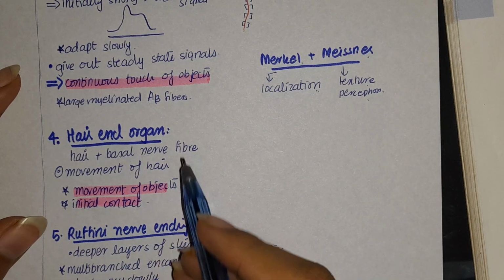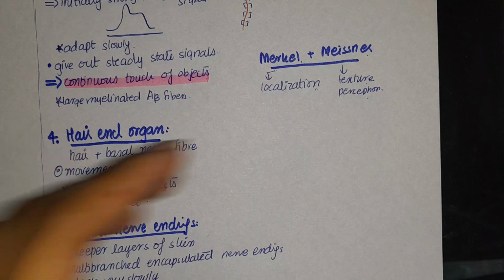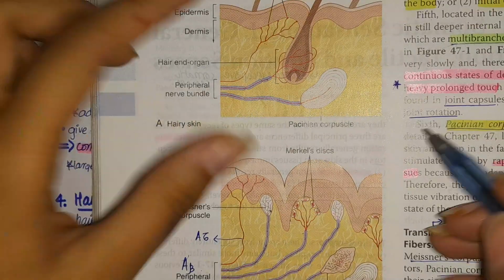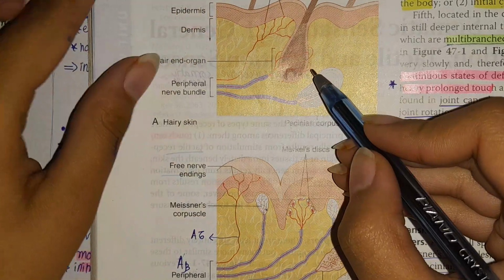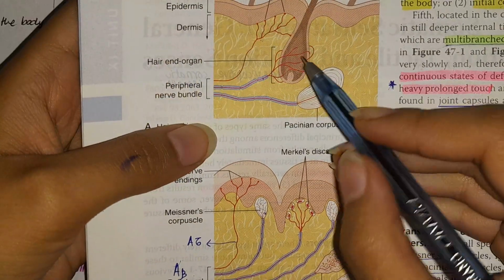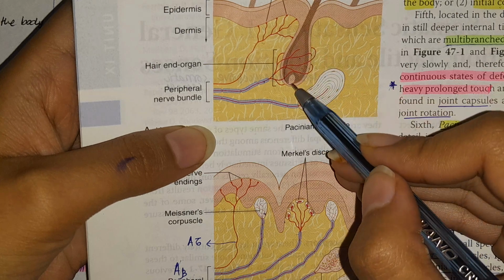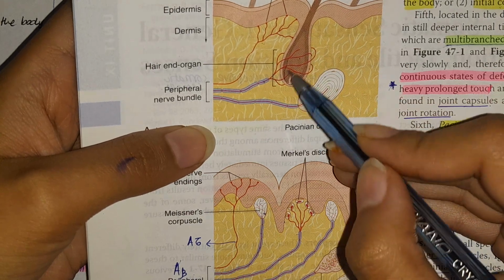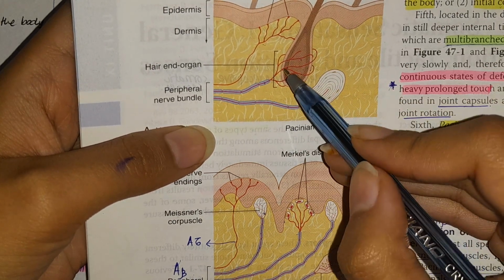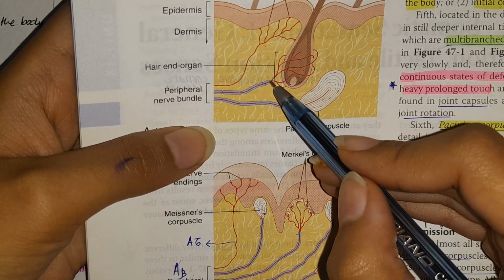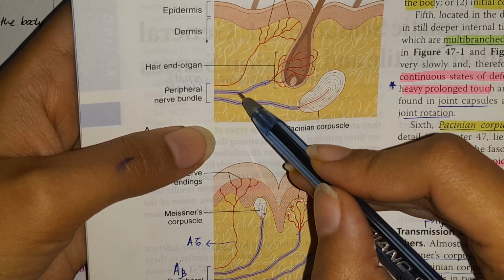The hair end organ is actually hair plus the basal nerve fiber. If we look at the diagram, you can see that the hair end organ is the hair, the distal part of the hair, or the proximal part of the hair, and the nerve fiber. It is also carried by A beta type of large myelinated fiber.